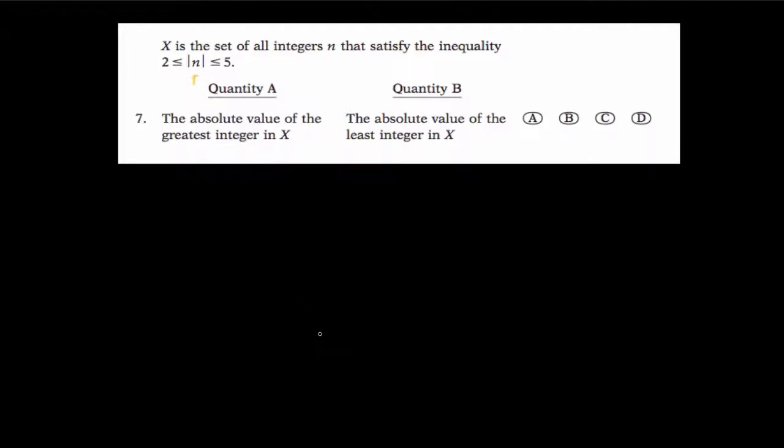So now, let me first explain the absolute value here. The absolute value of 3 is 3, and the absolute value of negative 3 is also 3. So that implies that if you're told to solve, say, the absolute value of a number equals 3, and then you're told to solve for n, that simply implies that either n equals 3 or the negation of n equals 3, like we have seen here.